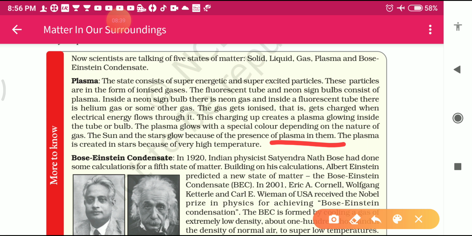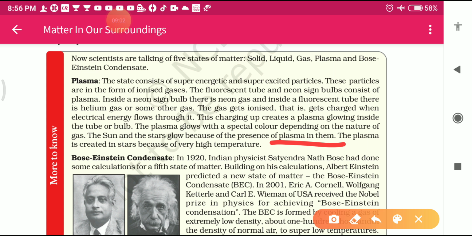Inside a star the temperature is very high, so the atoms break up and some of the electrons break away from the atoms, converting the rest of the atoms into electrically charged particles called ions.